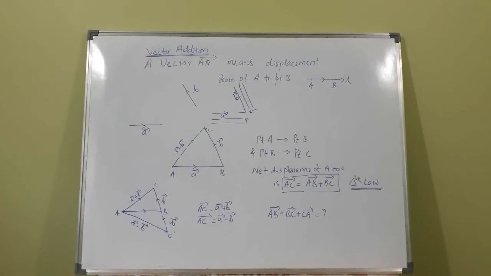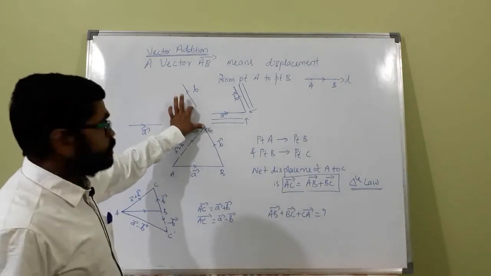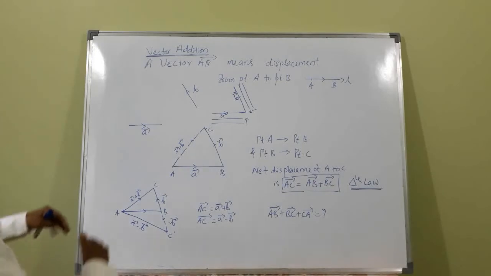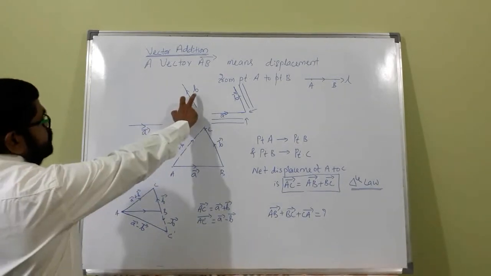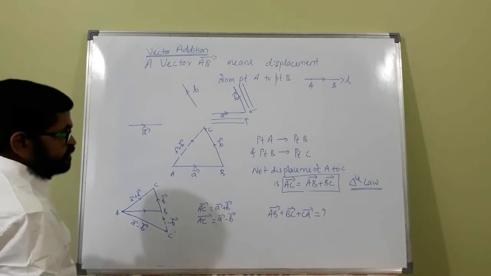Let us study vector addition. How to add two vectors A and B? Suppose there are two vectors A and B. How to add these two? By parallel displacement. So far in our study we are considering free vectors.